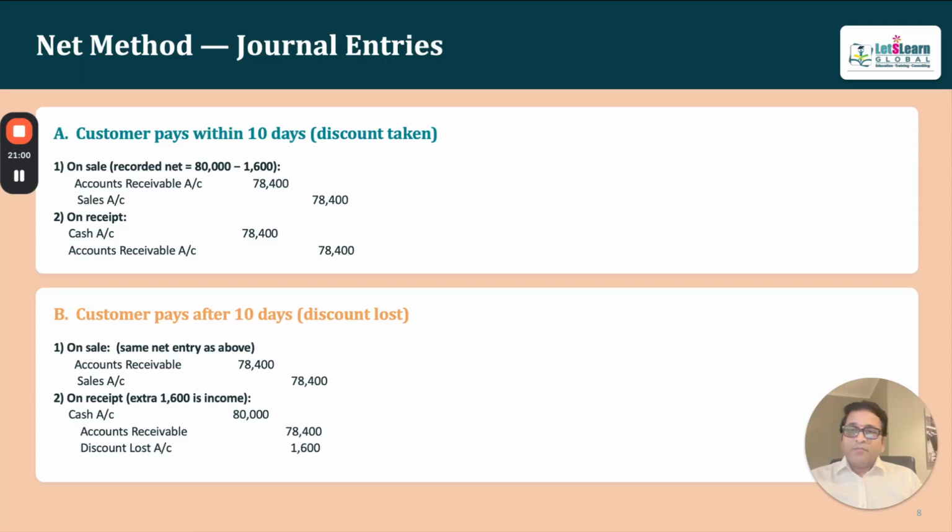So accounts receivable debit, discount forfeited credit. This is an income to our company, 1,600. A little tedious as compared to the gross method, but a few companies may record the net method if they expect that all the customers will definitely pay within the discount period.